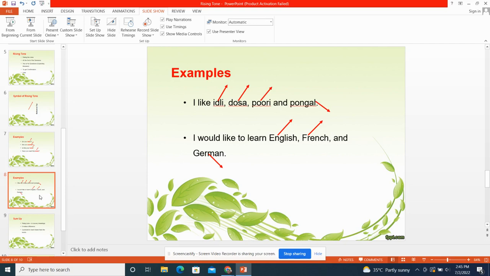The last one must go down. Another example: I like to learn English, French, and German. See the difference. The last one goes down, falling tone. When you're listing out things, the first few words must take rising tone, and the last one must take the falling tone.